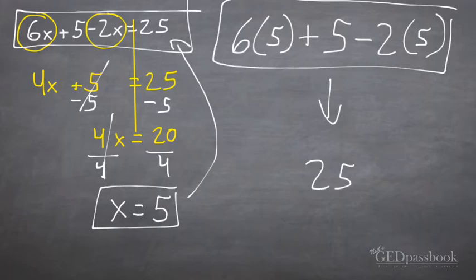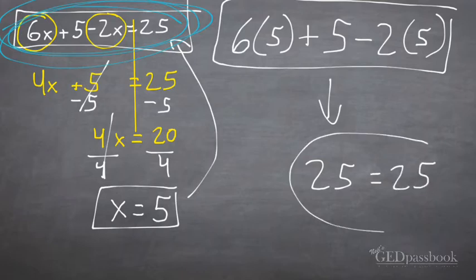Do you know why? Because the original problem, if we look at it right here, it was 6x plus 5 minus 2x should equal 25. So it technically looks like this. Is this a true statement? That's true. 25 does equal 25.